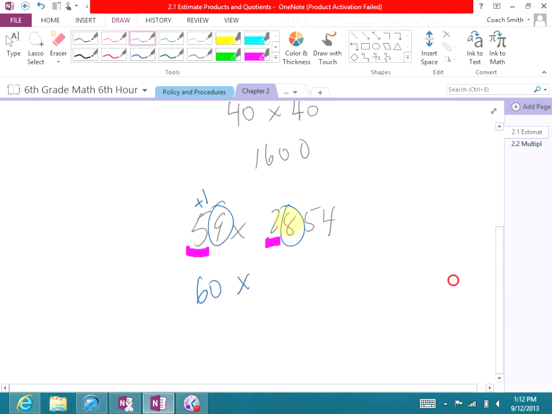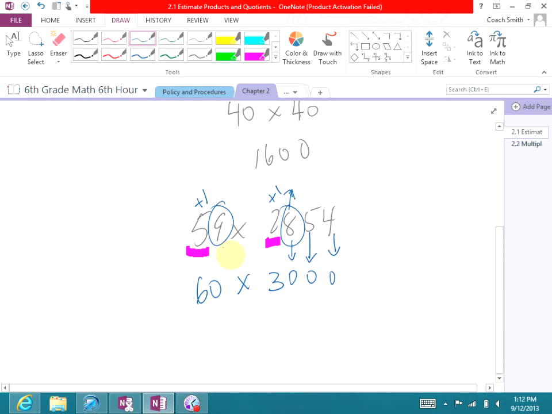Times the 8 right here next to the 2 means I do what? Nick? Add 1 and it makes it what? 3. So we're going to add 1 to the 2, and we're going to make that a 3. What you can't forget is we have to bring down zeros for each of the other digits.